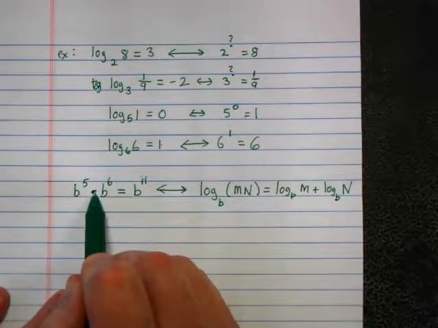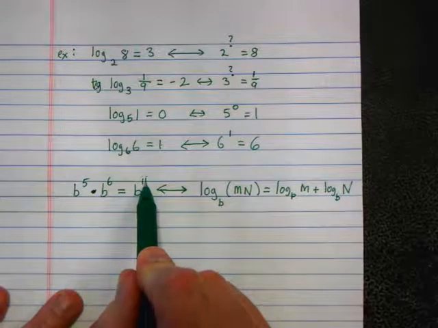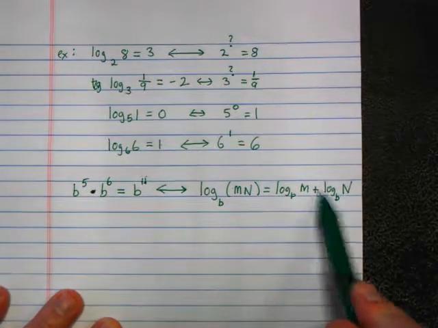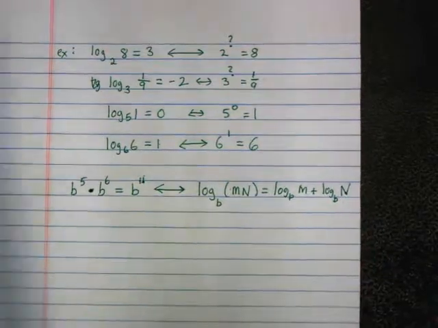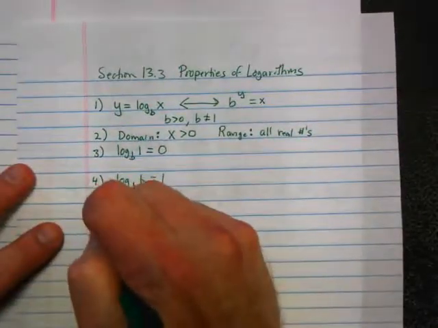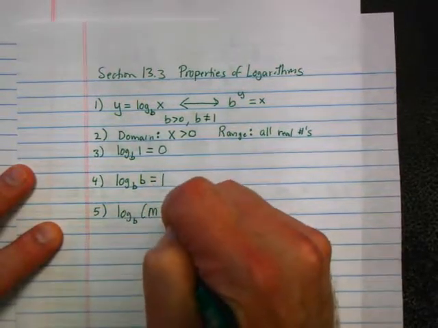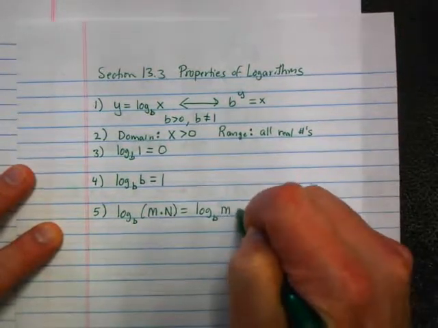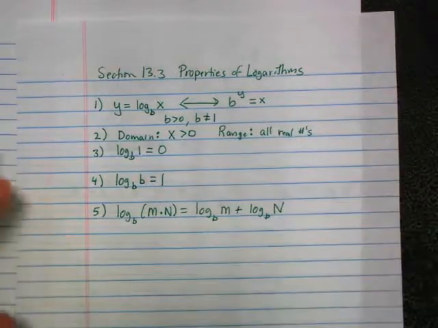So multiplication on the outside became addition on the inside. Logarithms are the inverse. So logarithms take multiplication on the inside and turn it into addition on the outside. So that's rule number 5. Log base b of m times n is log base b of m plus log base b of n.